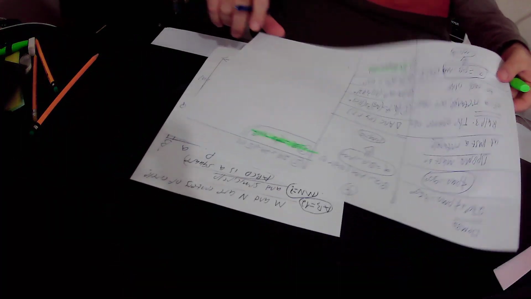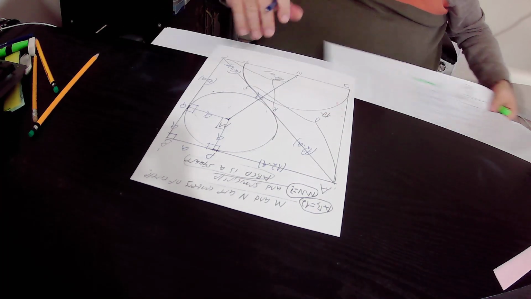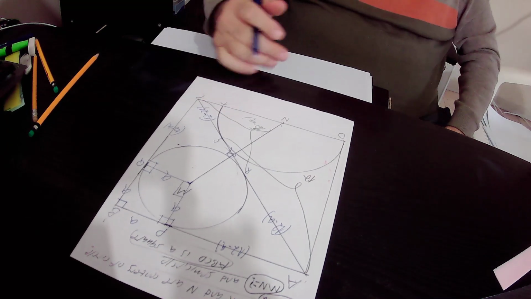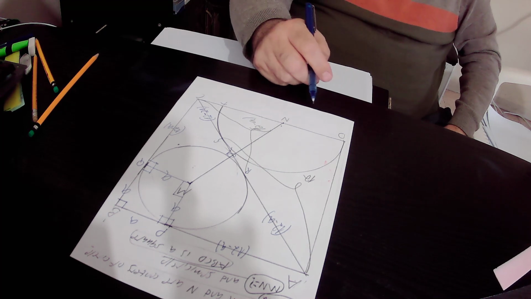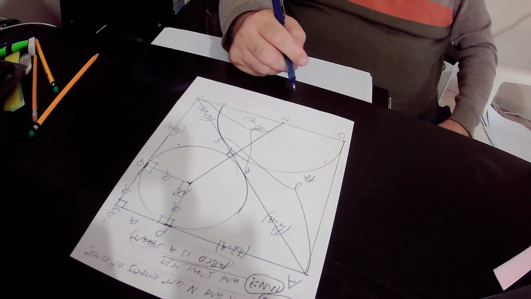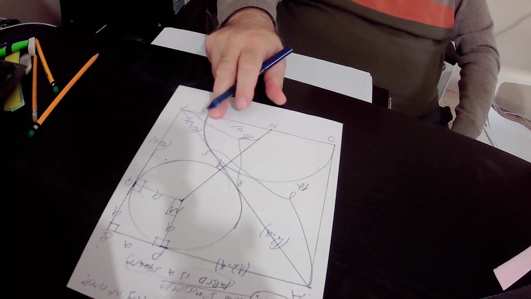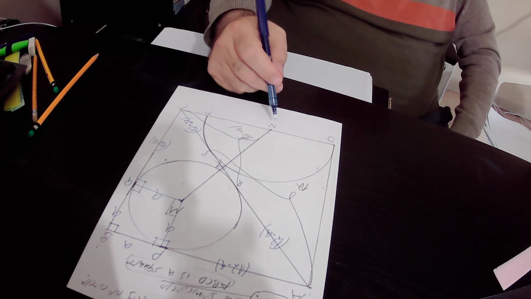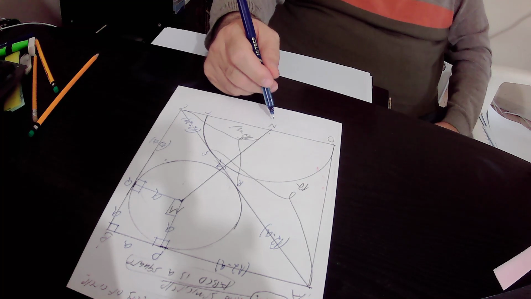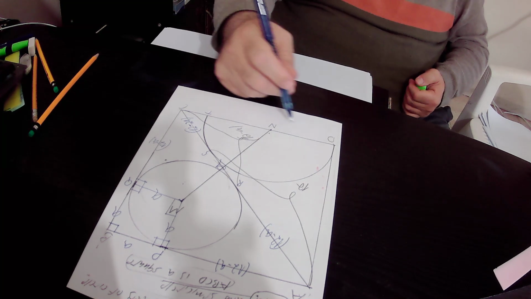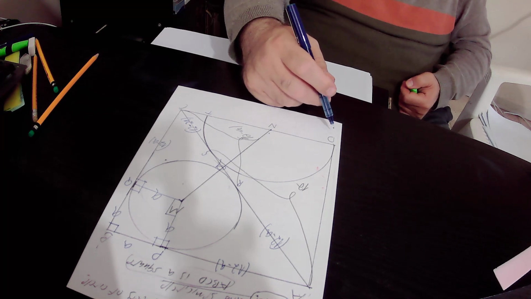In the next step, we will define the radius of the semicircle as B. Here, line segment DN is the radius of the semicircle because it starts from the center of the semicircle, that is to say from point N, and ends at point D, that is the point on the semicircle itself.